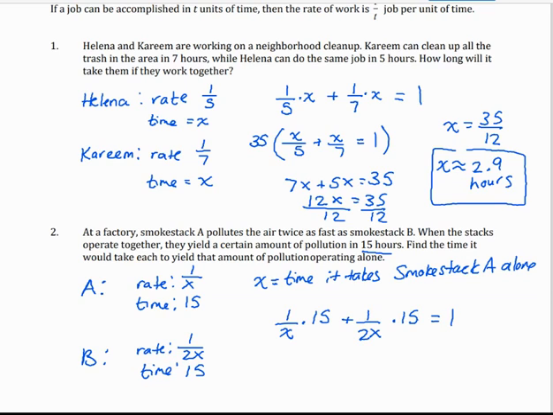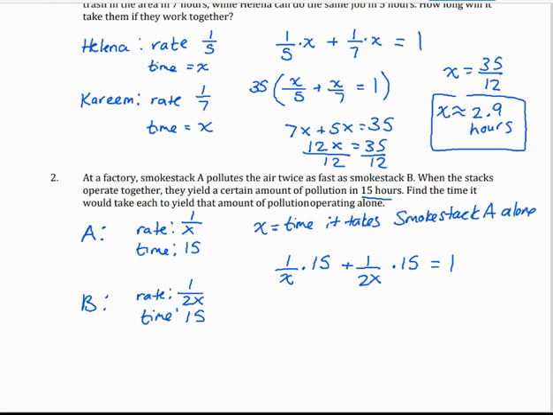Please keep in mind when I'm multiplying by time, it's always going to go into the numerator because it's like 15 over 1. So now we have 15 over x plus 15 over 2x equals 1. Our domain here is that we can't have x be 0, but that wouldn't really make sense because that would be saying neither of them are working, and it's telling us that both are working.